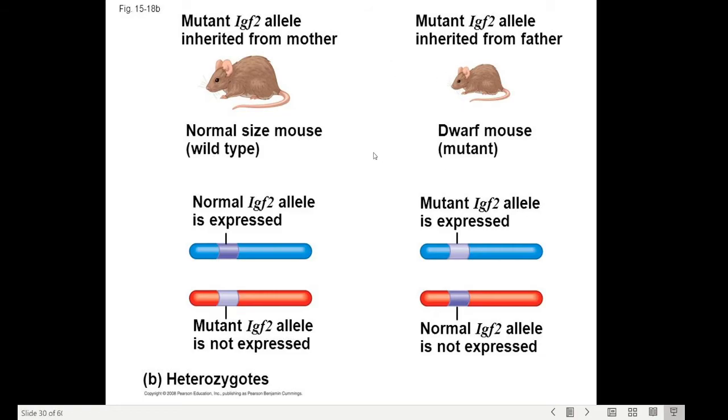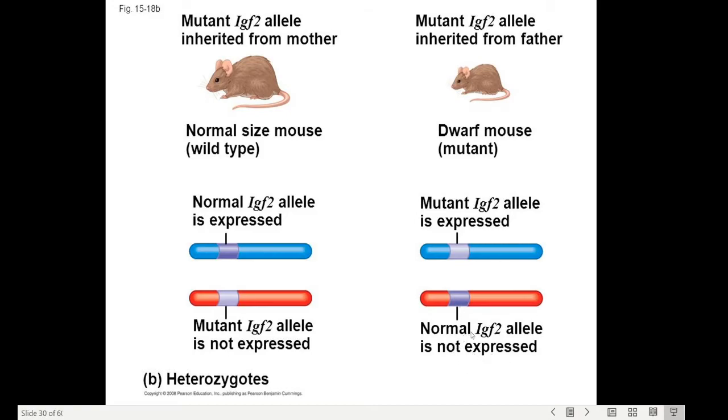In the mutant, IGF2 is expressed in the normal cell, but after the mutation this does not happen and it is not expressed in the particular cell.